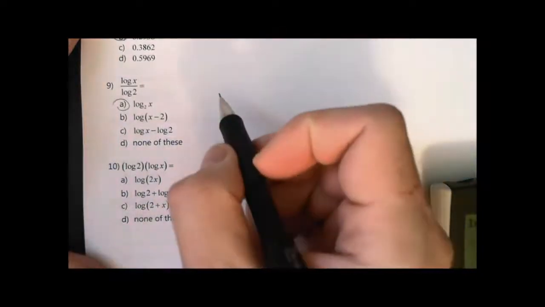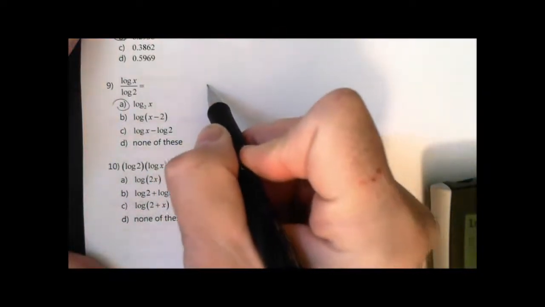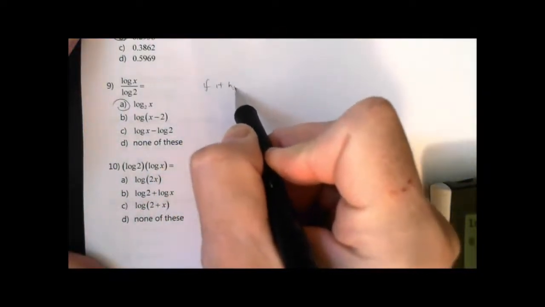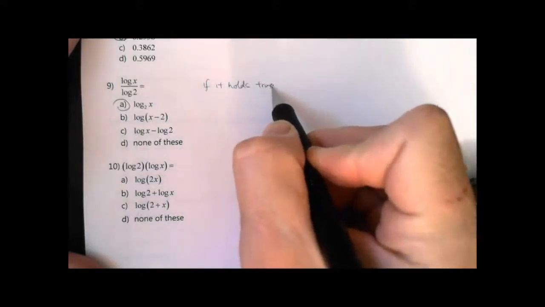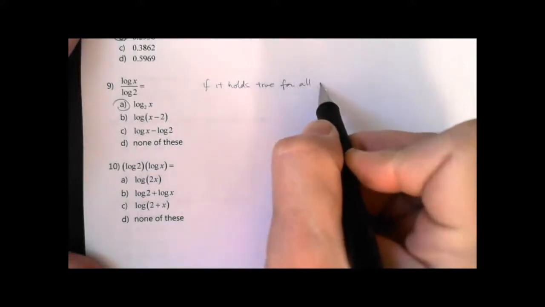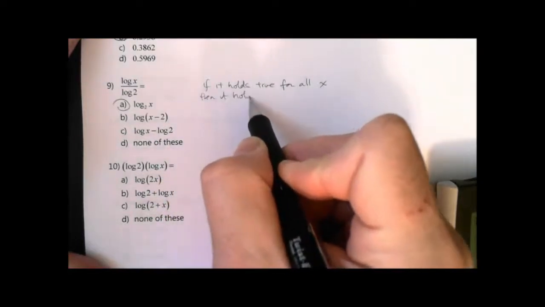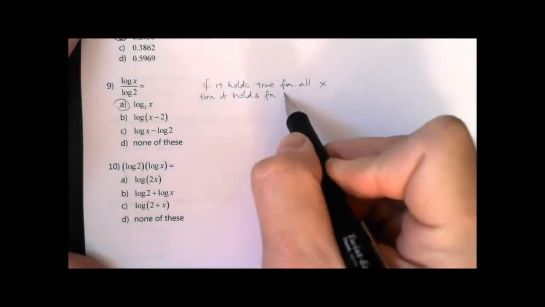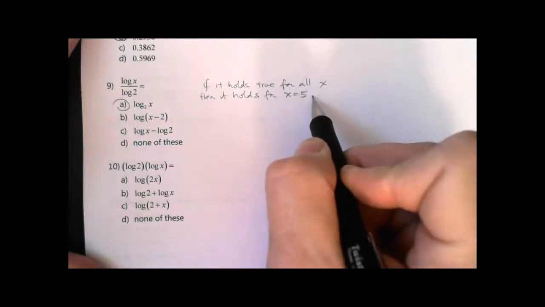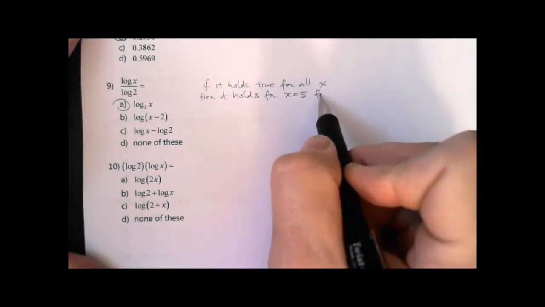Now, one student had an interesting method for verifying which of these it is. If it holds true for all x, then it holds for x equals 5, for example.